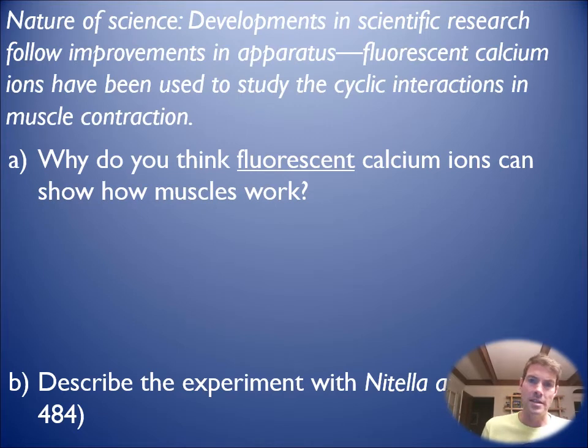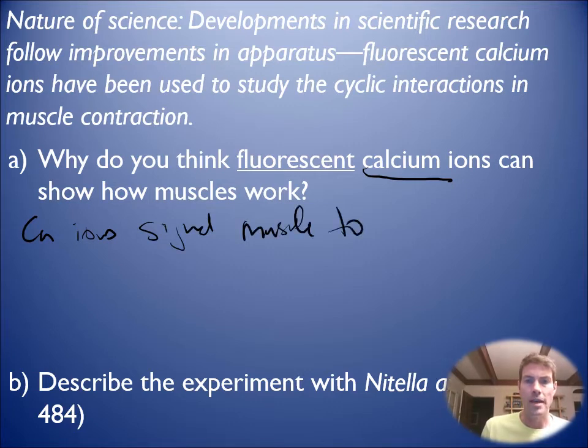So fluorescent calcium ions, why would those help scientists figure out how muscles work? Well, calcium ions signal muscle to contract. Without the calcium, it's not going to contract.